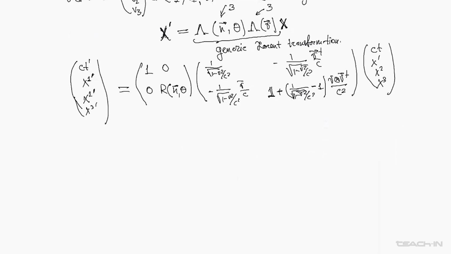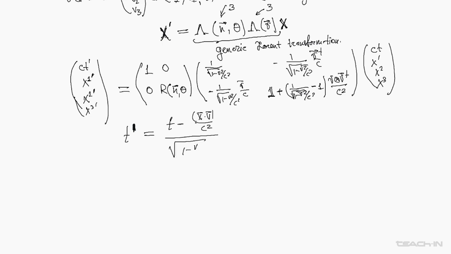So for t prime, you find that t prime is related to the original coordinates by the following formula: t minus x v divided by c squared, divided by the square root of 1 minus v squared over c squared.